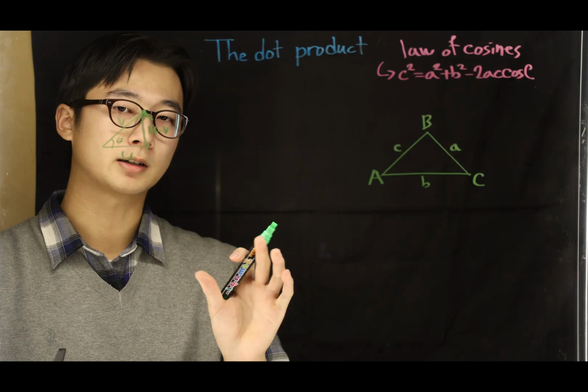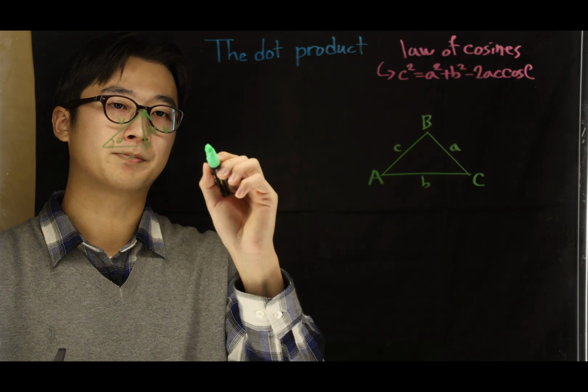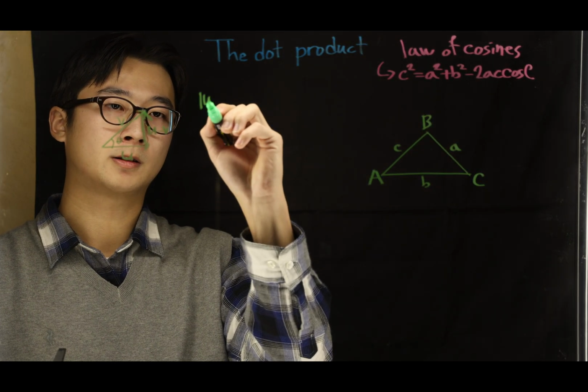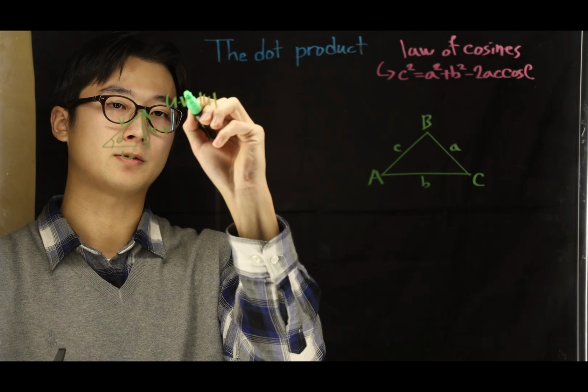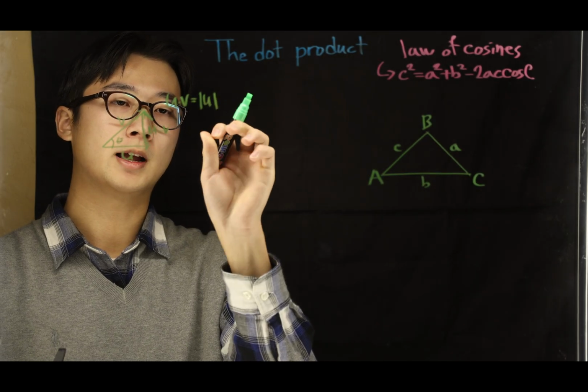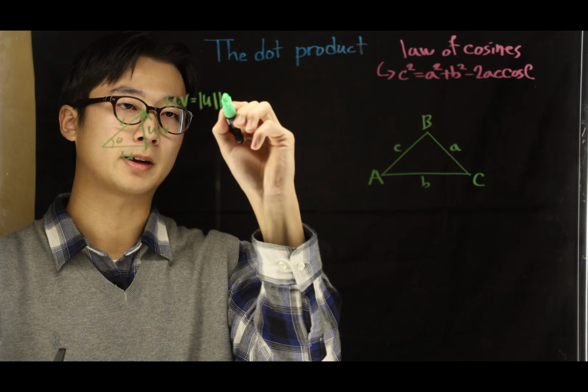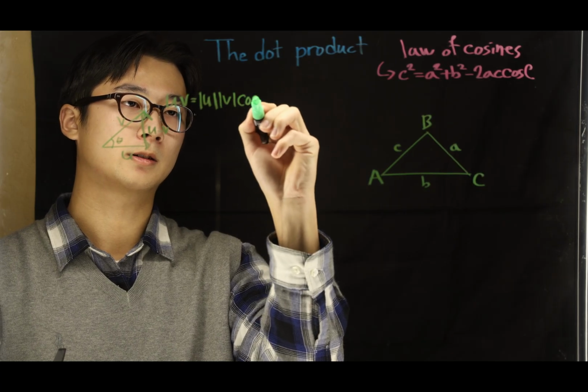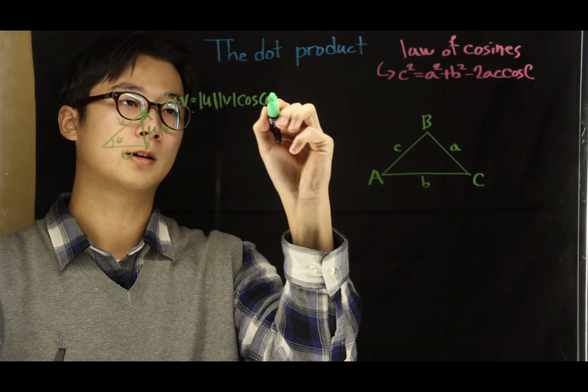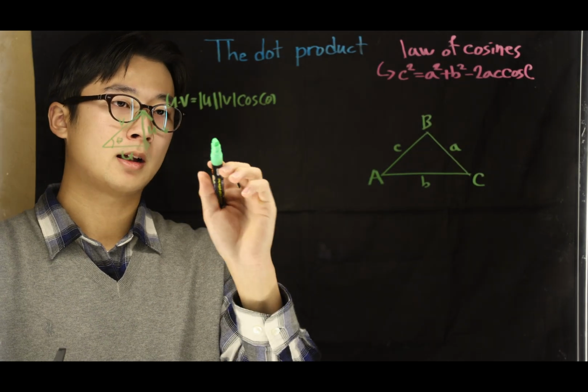Using this, we're going to derive the formula. So u dot v is equal to the magnitude of u times the magnitude of v times cosine of the angle between them.